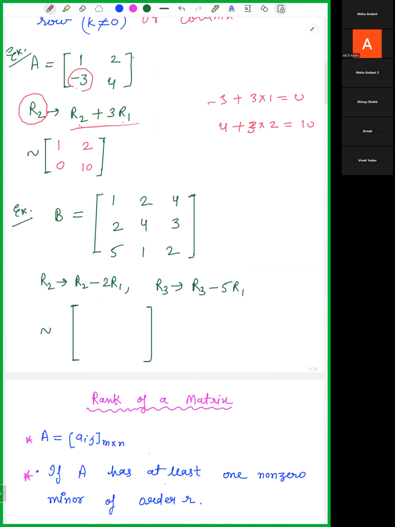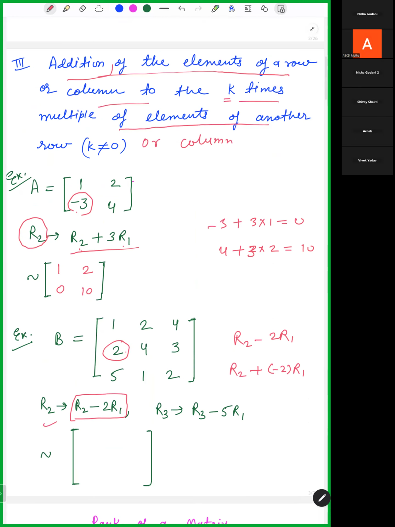Similarly, you can see this in a 3 cross 3 matrix. If you want to apply the operation R2 minus 2R1 in row R2, you want 0 here. So what will you do? You are applying minus 2. Actually, R2 minus 2R1 means R2 plus minus 2R1, because I have written the operation as addition, not subtraction.